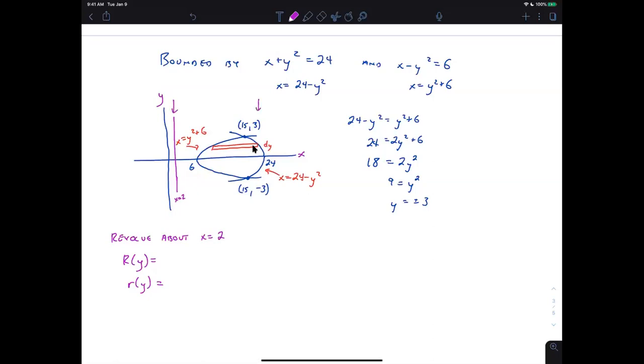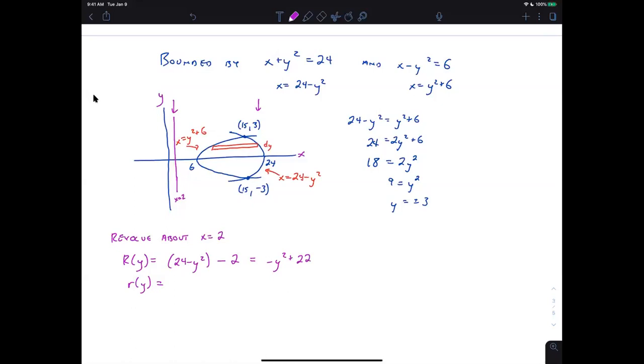Well, that's a horizontal distance, so you don't subtract top minus bottom. What you do is you take the x on the right minus the x on the left. The x on the right is 24 minus y squared. The x on the left is 2. Does that make sense to everybody? Good. That then simplifies to -y squared plus 22. And that's the big R for this region.